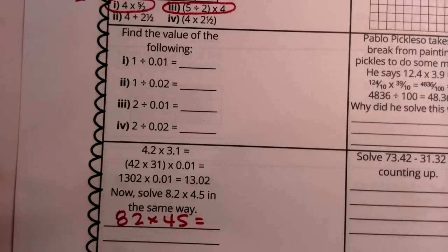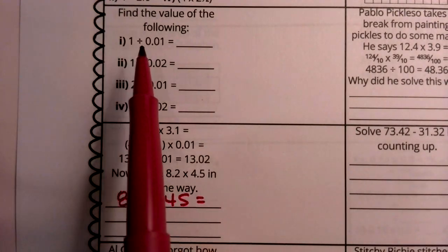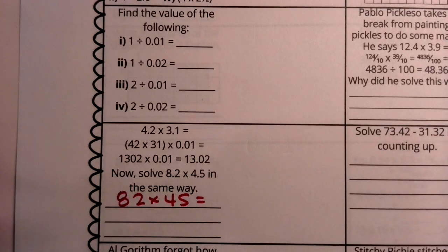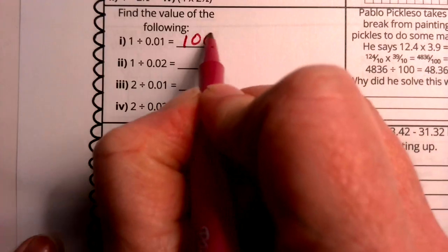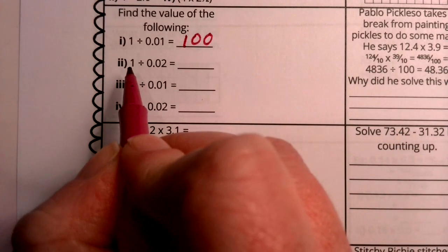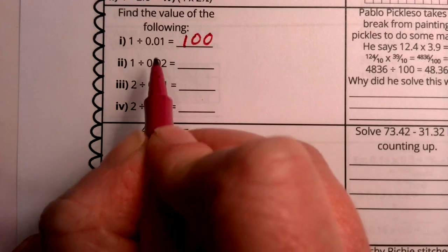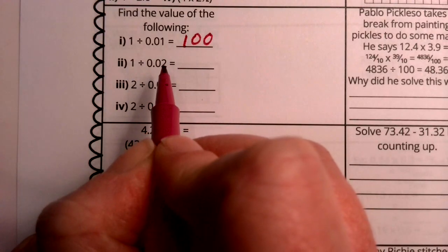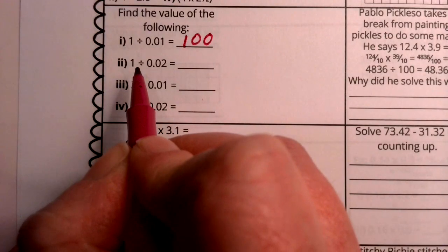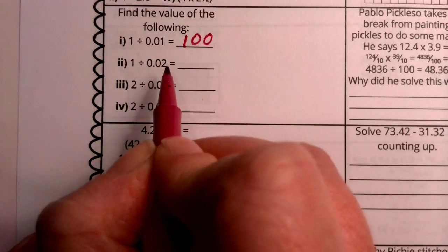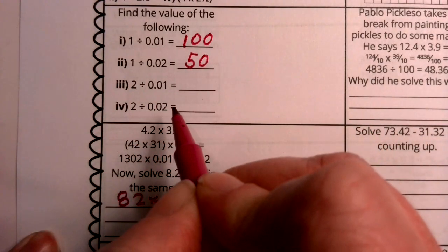All right, let's come to the value of the following. If I have 1 whole and I divide that up into hundredths, how many hundredths do I have? Well, I have exactly 100. Now we say, okay, if I have 1 whole and I break it up into groups and I have 200ths in the group, well, if we know that there are 100 hundredths in one and we group those 100 into groups of 2, pairs of 2, I actually now have 50.